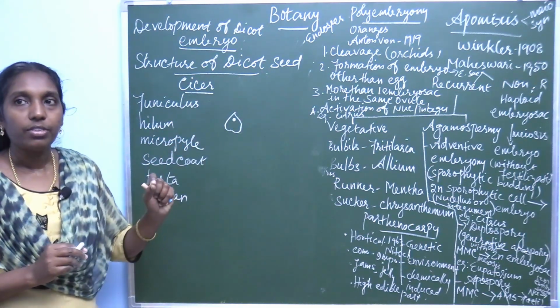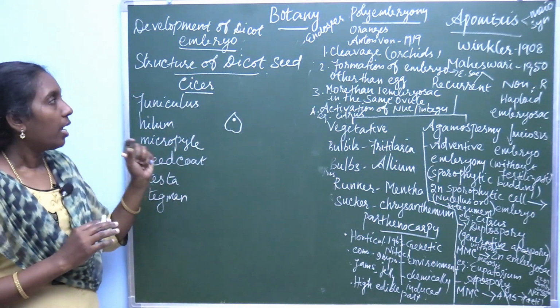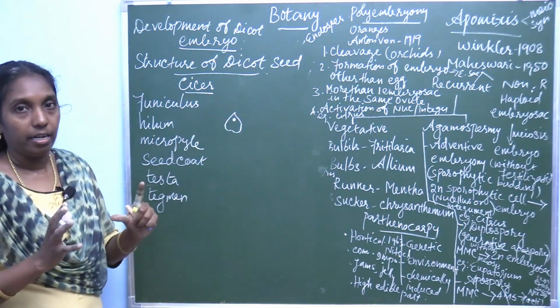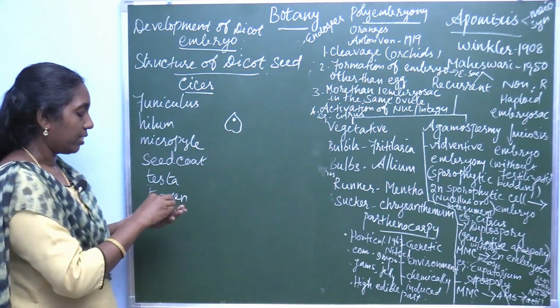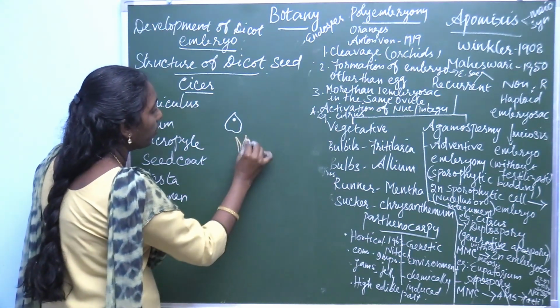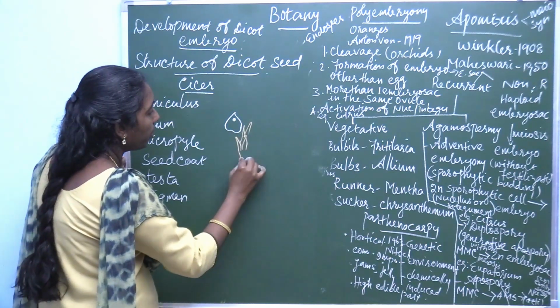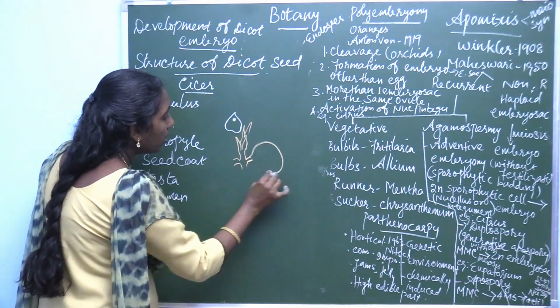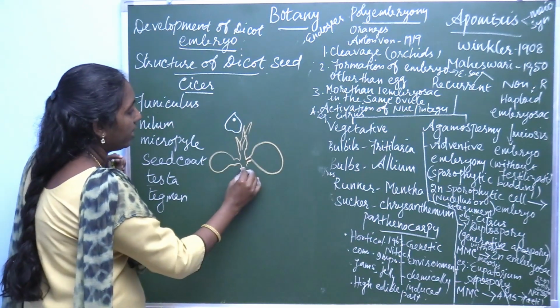The characteristic feature of dicot seed is the presence of two cotyledons. This is the embryonal axis. From the embryonal axis, on both sides, there are two cotyledons.